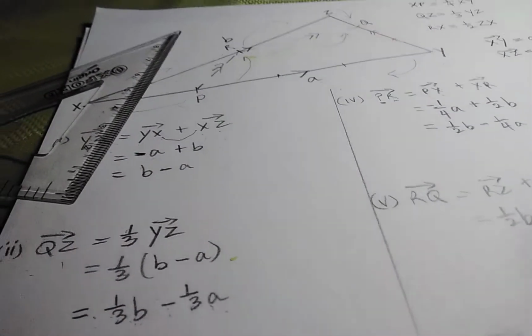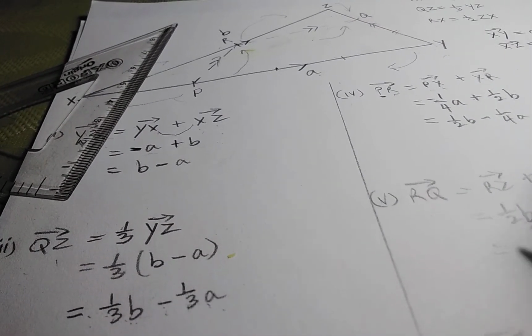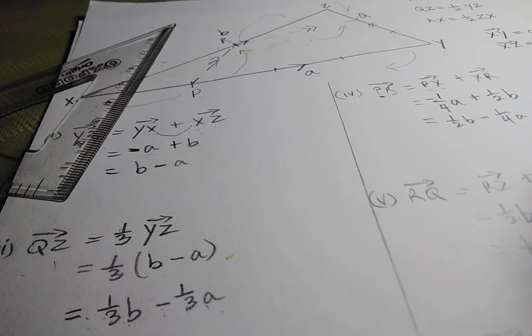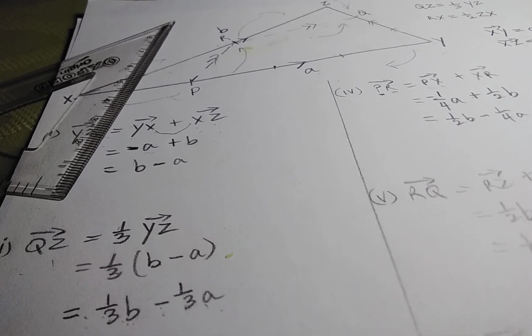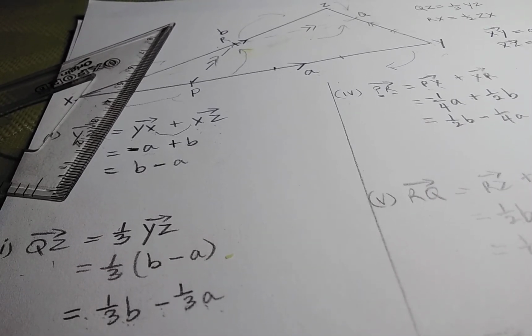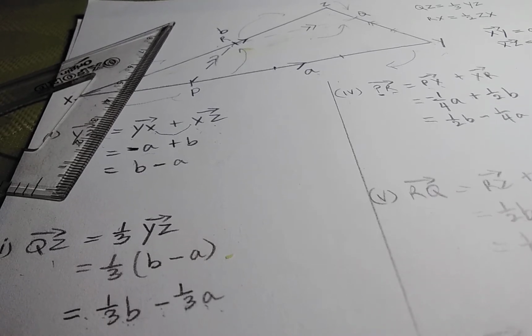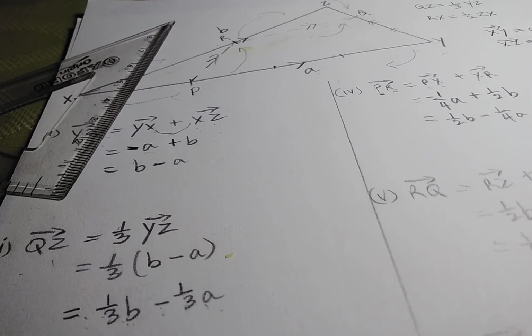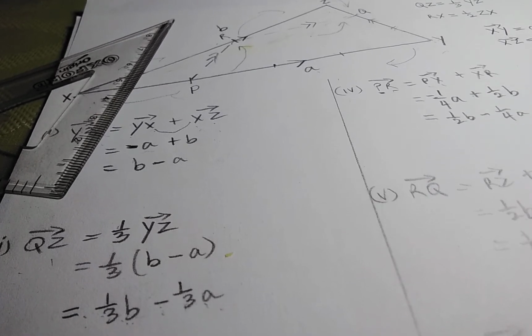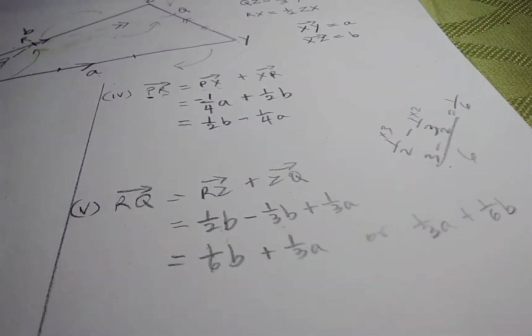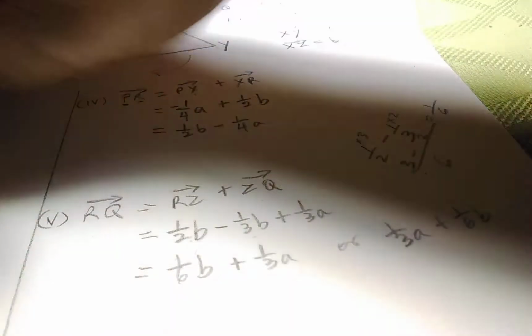So 1/6. So our answer is going to be 1/6 B plus 1/3 A, or you could say 1/3 A plus 1/6 B. Okay, that's working out.